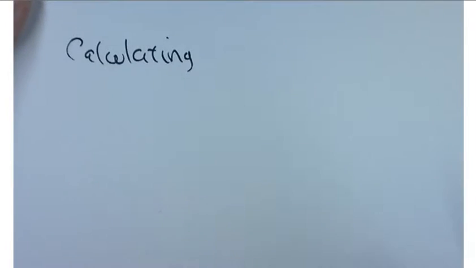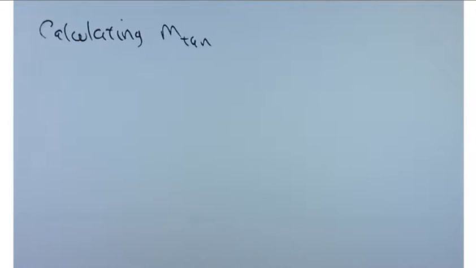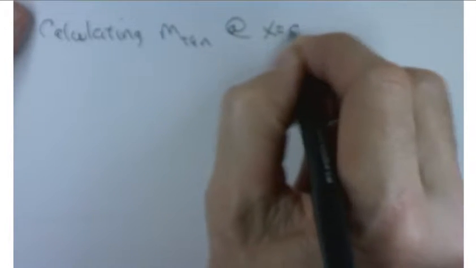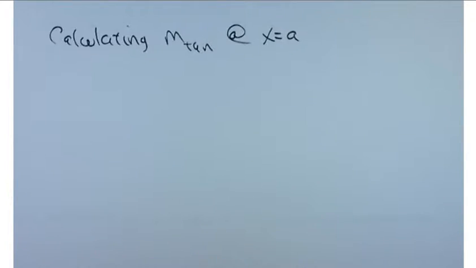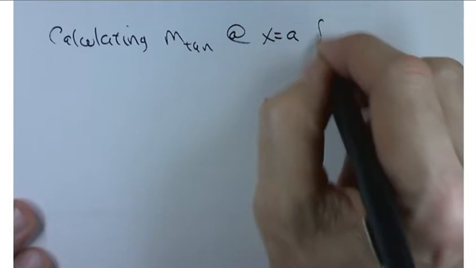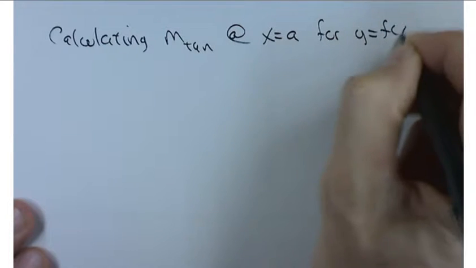Calculating m sub tan, the slope of the tangent line at x equal a, for some function y equals f of x.